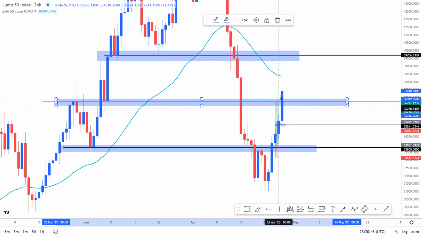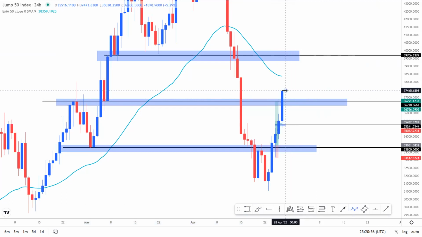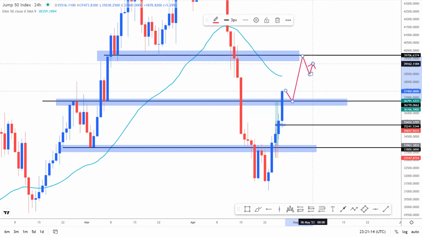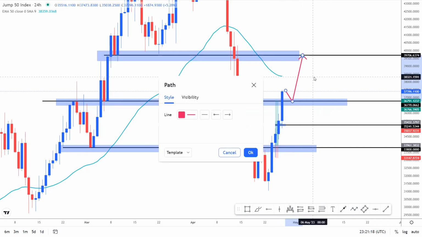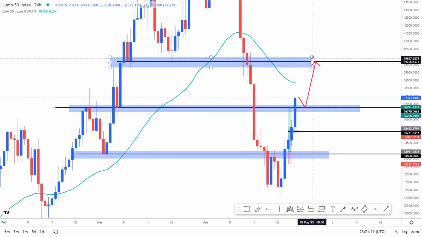So if the current daily candlestick closes bullish, breaking this level right here, I would then scale down to the lower time frame and look out for buy entry confirmations at the retest of this level, to take price to the next daily key level.